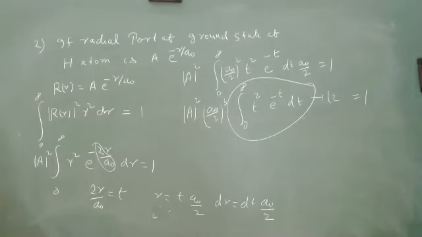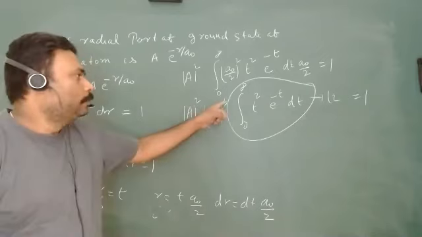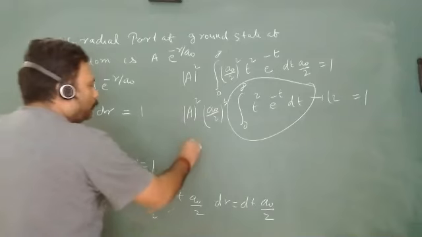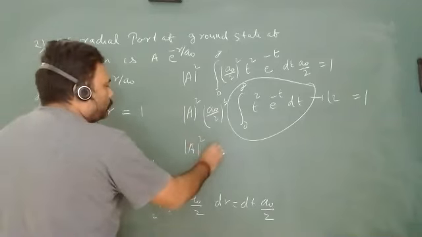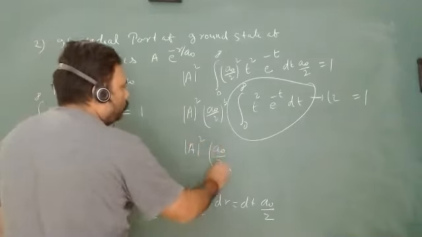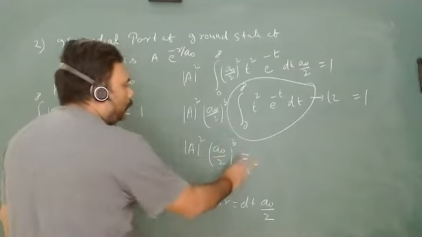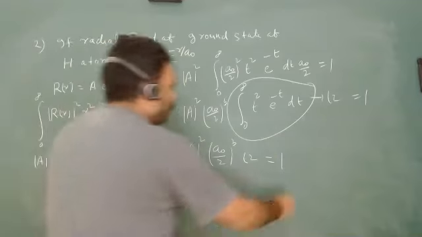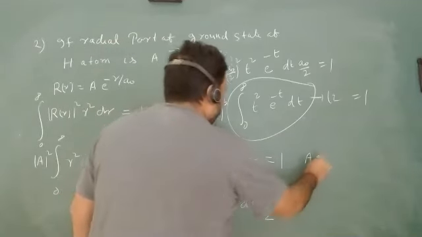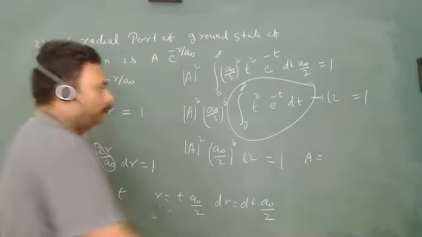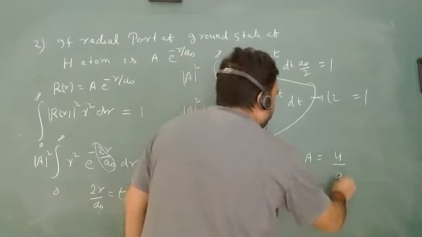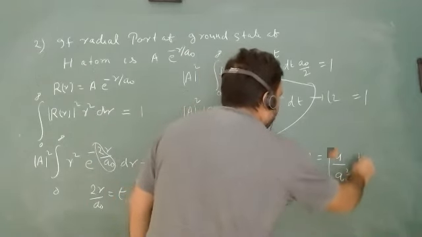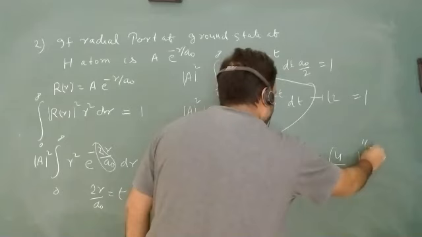So here it is r square, so here is a naught by 2 to the power cube. So what you have is mod A square times a naught by 2 whole cube times 2 factorial 2 is equal to 1. So A will be 2 upon a naught cube, that is 4 upon a naught cube to the power 1 by 2.